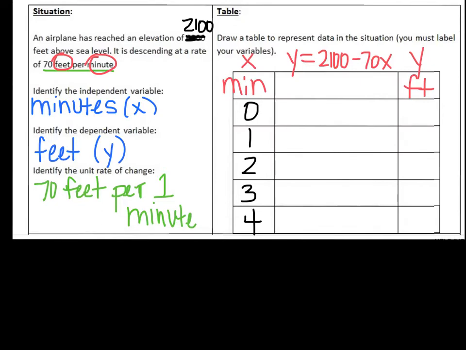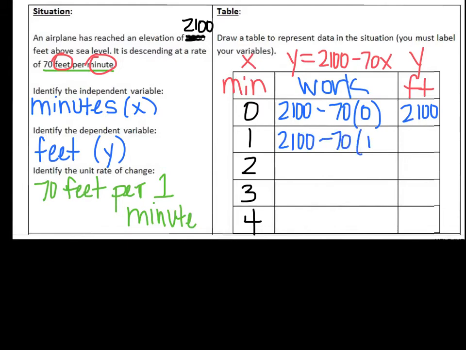All right, and oftentimes I'll put my work here in the middle, or my process. So, we're going to take our equation 2,100 minus 70 times 0 minutes means that it's at 2,100 feet. Okay, 2,100 minus 70 times 1 minute is just going to be 2,100 minus 70, which is 2,030 feet.